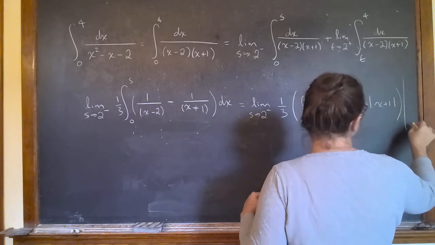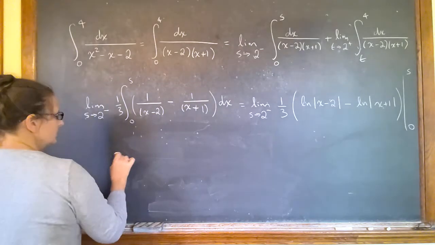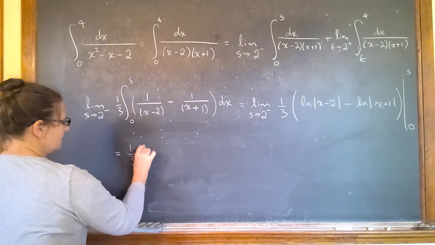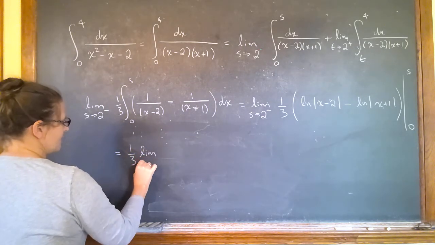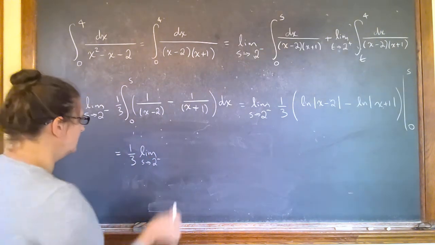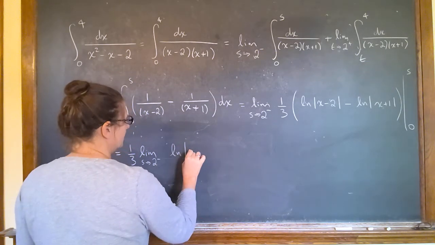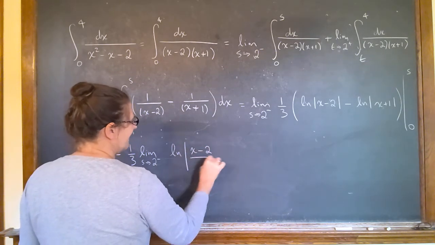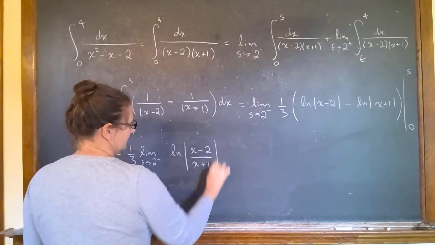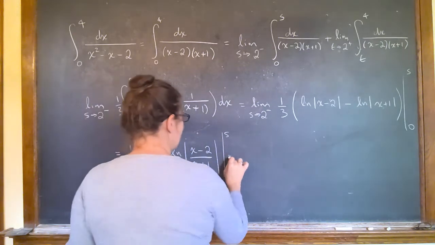Okay, evaluate from 0 to s. So if I actually want to double check all that stuff, I'm just going to take the 1/3 out here just to make my life easier. I can put those two together just because it's going to be a little bit nicer to evaluate the integral. Maybe it won't be, maybe it will be. I don't have to do it this way. It's fine. Either way, I'm going to do it that way. So what do I have?